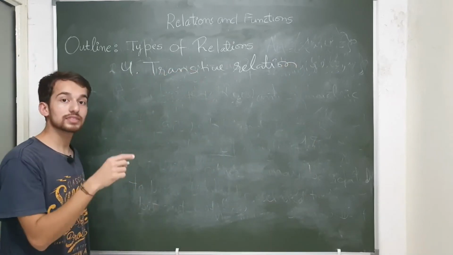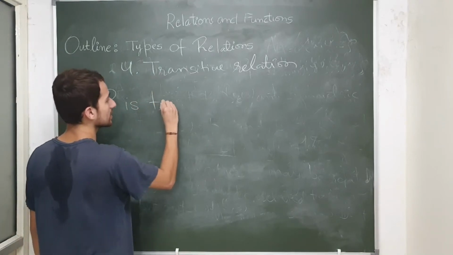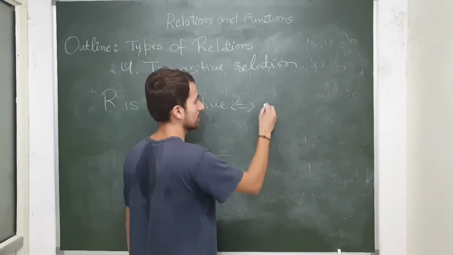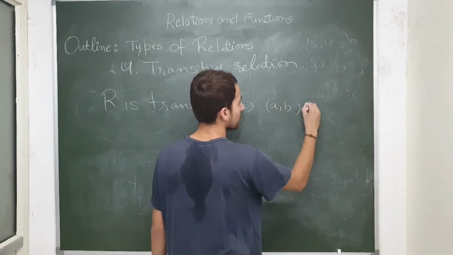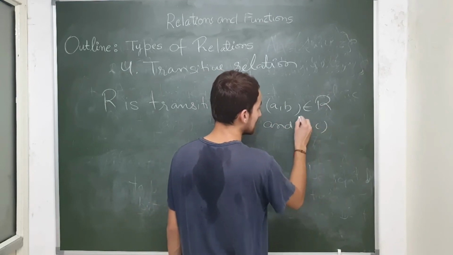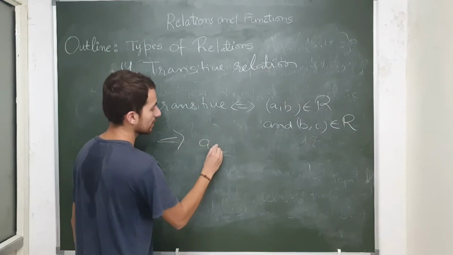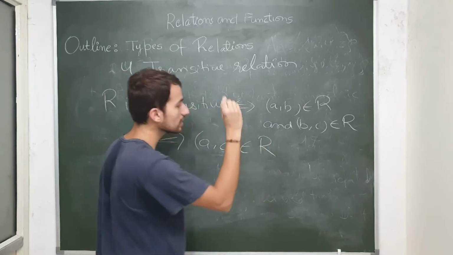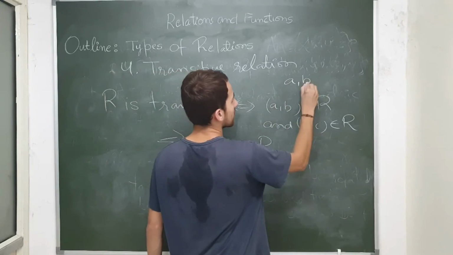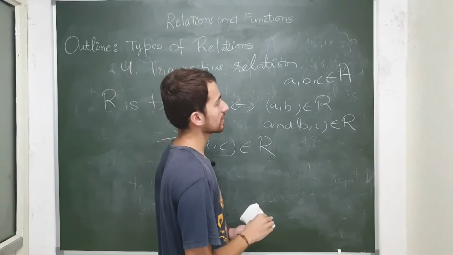Again, a relation R defined on set A is said to be transitive if and only if whenever (A, B) belongs to the relation R and (B, C) belongs to the relation R, then this implies that (A, C) also belongs to R. What it says basically is that there are three elements, and all three belong to the set A.